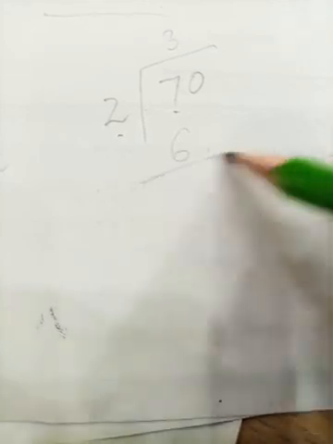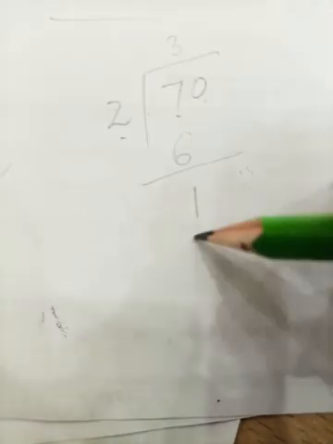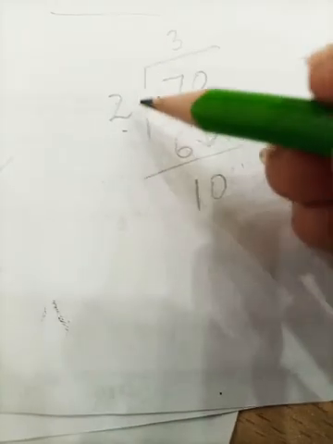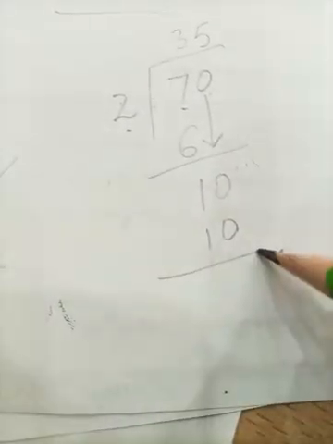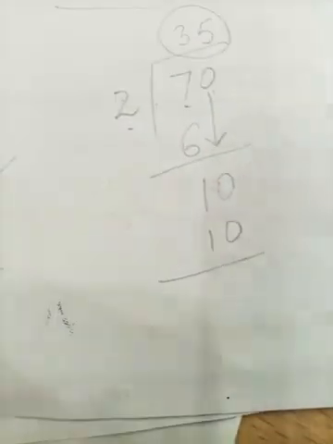So students, 2 threes are 6. 7 minus 6 is 1 and here 1 is smaller than 2, so I will take this 0 down here. 10. So students, 2 fives are 10. What is my answer? My answer is this quotient. 35 is my answer.